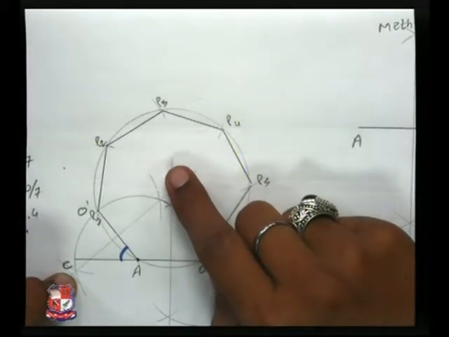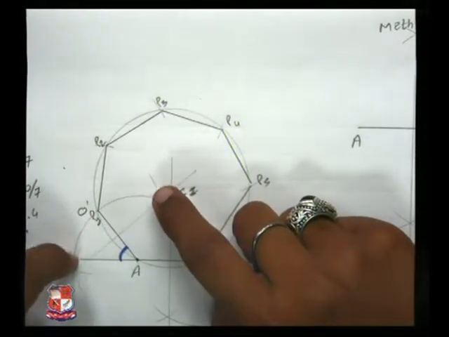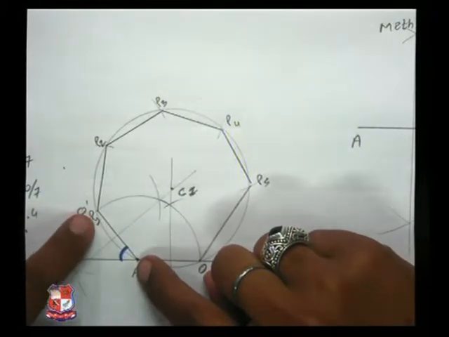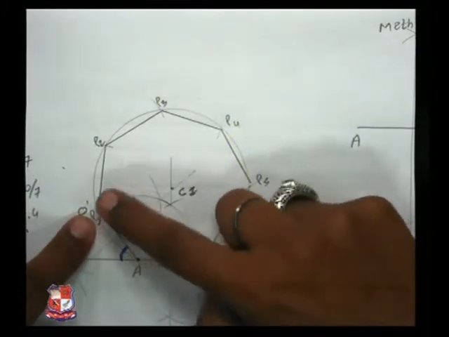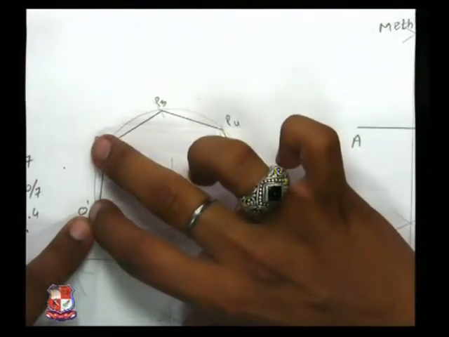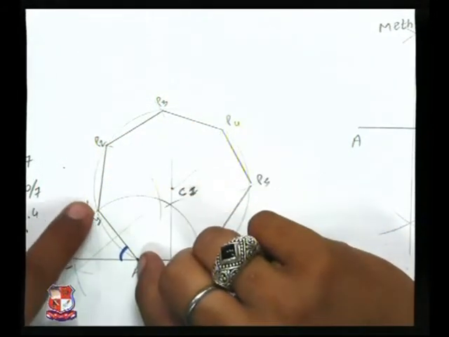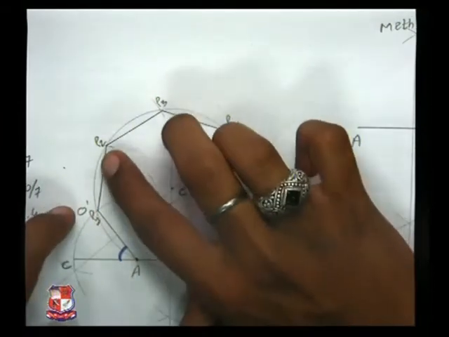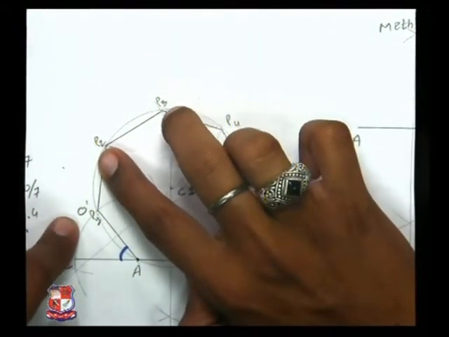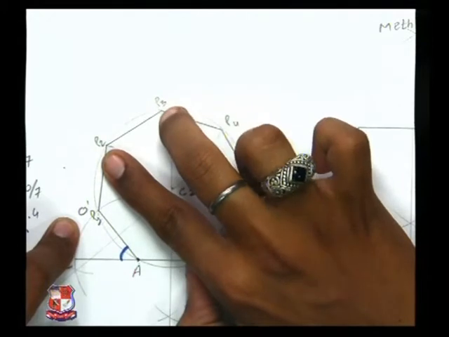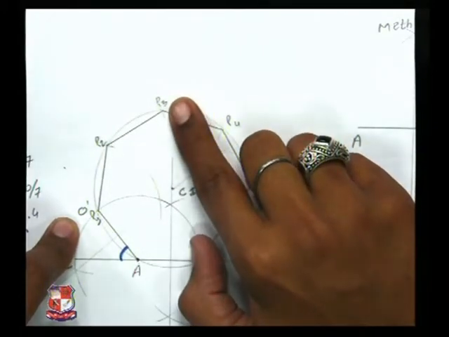Now, to draw a polygon, take O'A as radius, O' as center, mark an arc, name as P2. Again take O'A as radius, take P2 as center, mark an arc, name it P3.